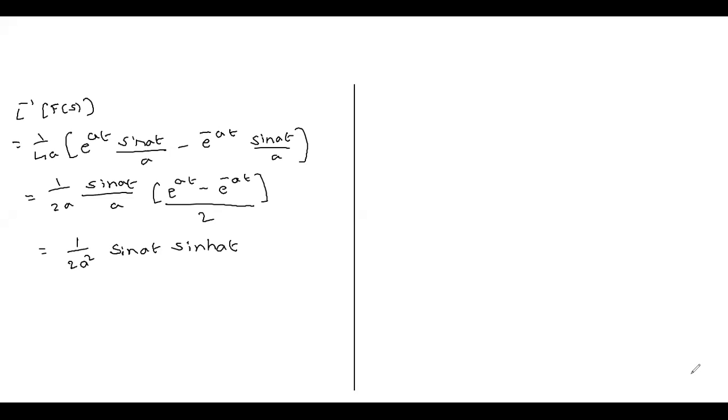Note down this one. Find L inverse of e power 4 minus 3s by (s plus 4) whole power 5 by 2.